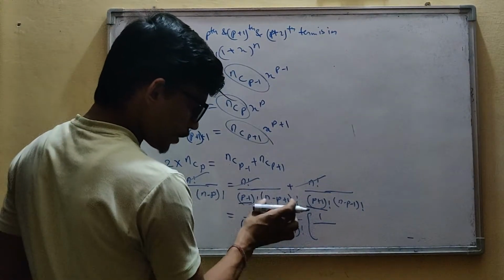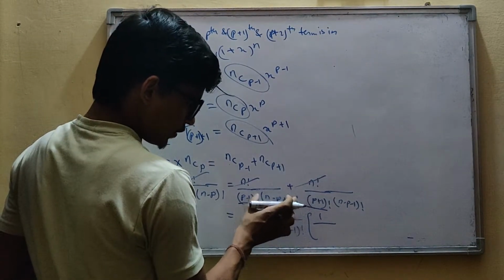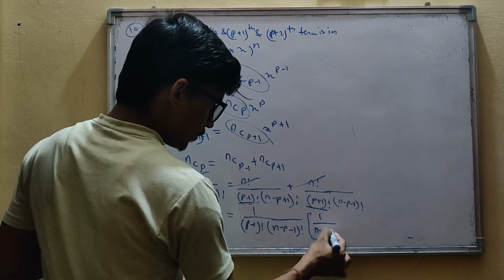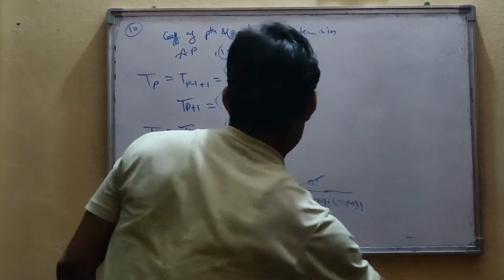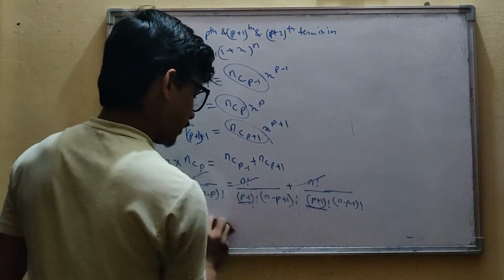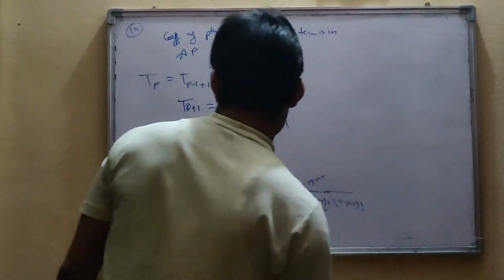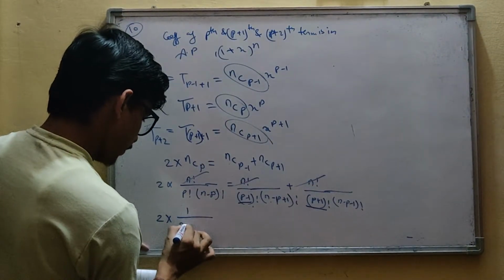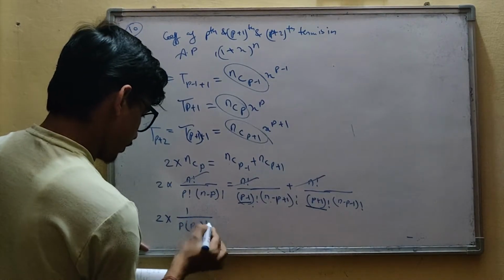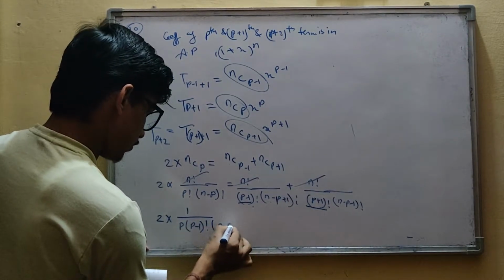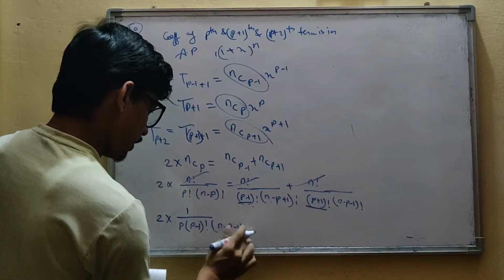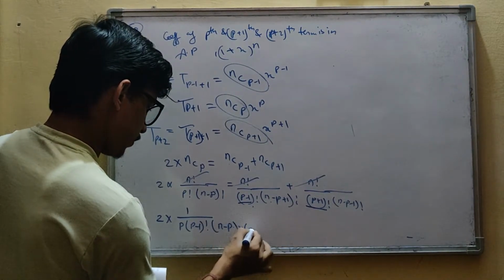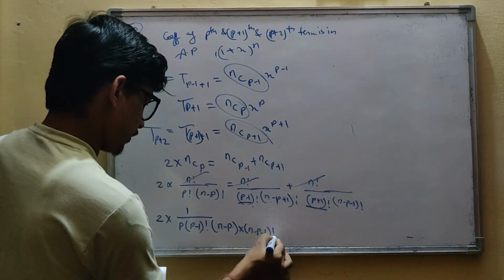And this can be expanded like this, n minus p plus 1. I think I should expand it also. So this is going to be 2 into 1 upon p into p minus 1 factorial, and this can be written as n minus p into n minus p minus 1 factorial.